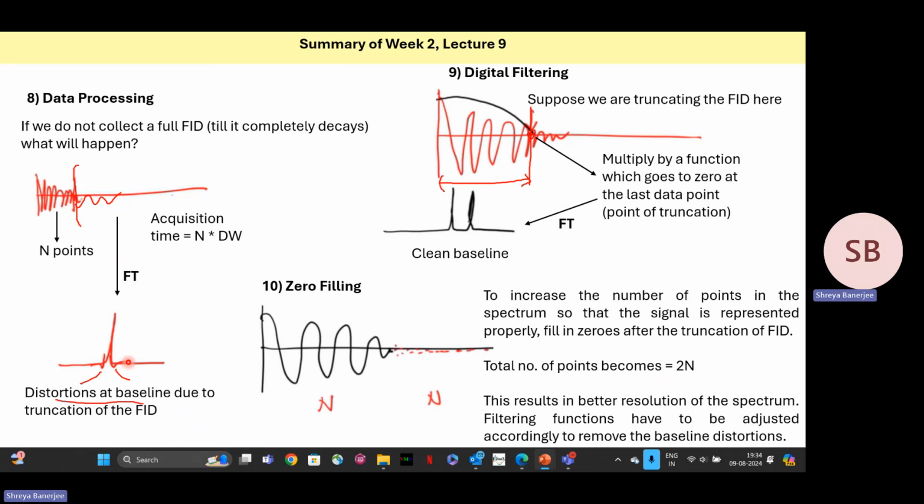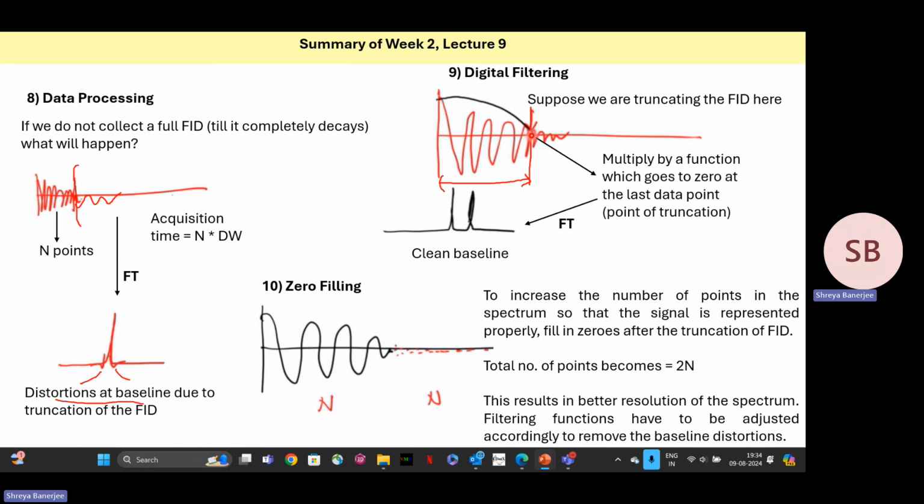Now, how to remove the distortion at the baseline is a process called digital filtering. This is done by the data processing unit, and what it does is that it will multiply the FID by a function which is going to 0 at the point of truncation of the FID. So this point where I'm holding the cursor right now is the last data point that we have collected.